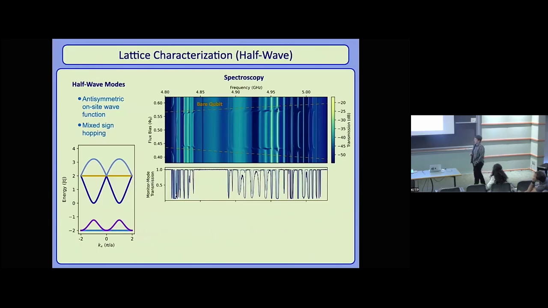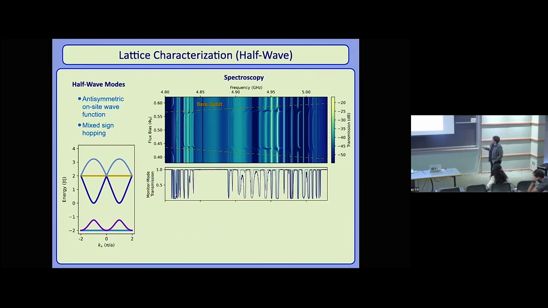The basic idea here is that you put a weak monitor tone on a cavity resonance, and then you scan a stronger tone and you try to change the state of your qubit. And because the qubit's nonlinear, if you manage to excite it, it moves the cavity mode. This is the standard readout mechanism for qubits, and there it's single excitation resolved, but this works here between the cavity modes because they inherit a nonlinearity from the qubit.